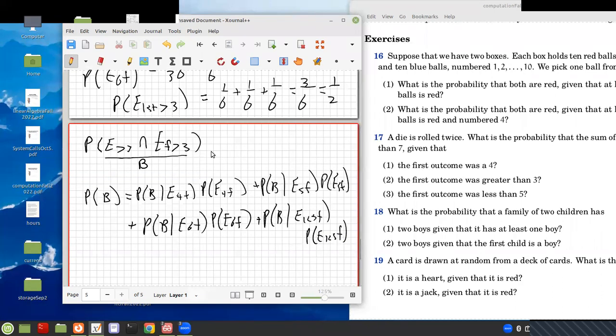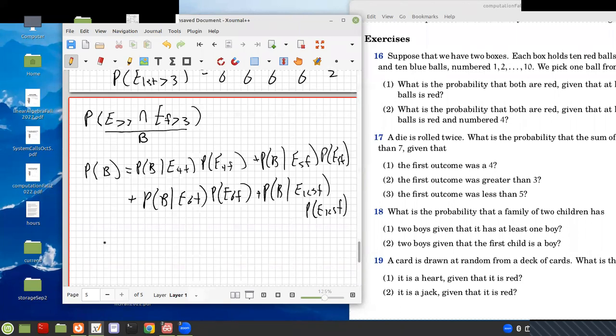Okay, so let's see how easy this is to figure out. This is the numerator of the problem we were trying to solve at the end: what's the probability the sum is greater than 7 given that the first was greater than 3. Well, this one is the probability that the first one was greater than 3 intersected with the sum greater than 7, given that the first one was a 4.